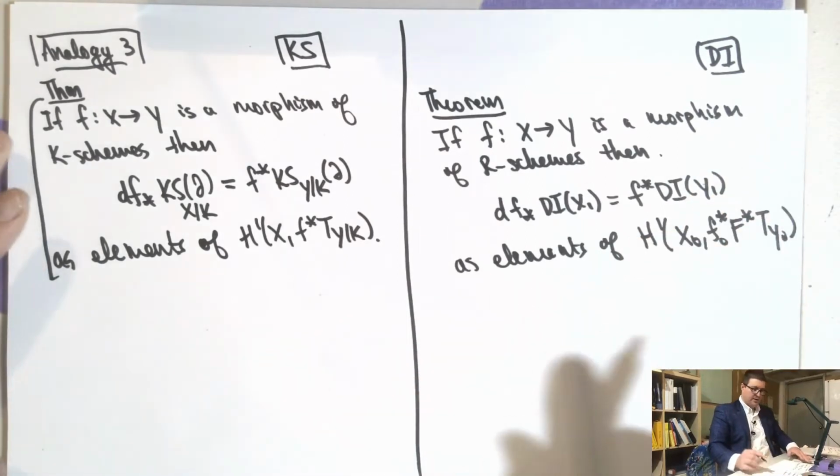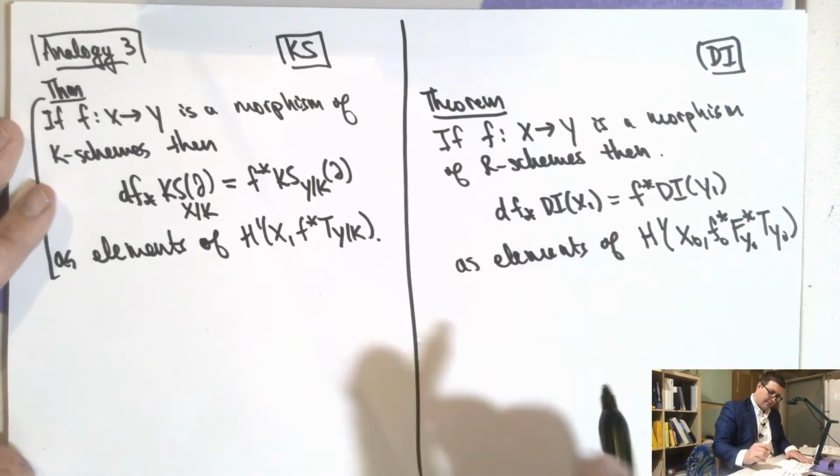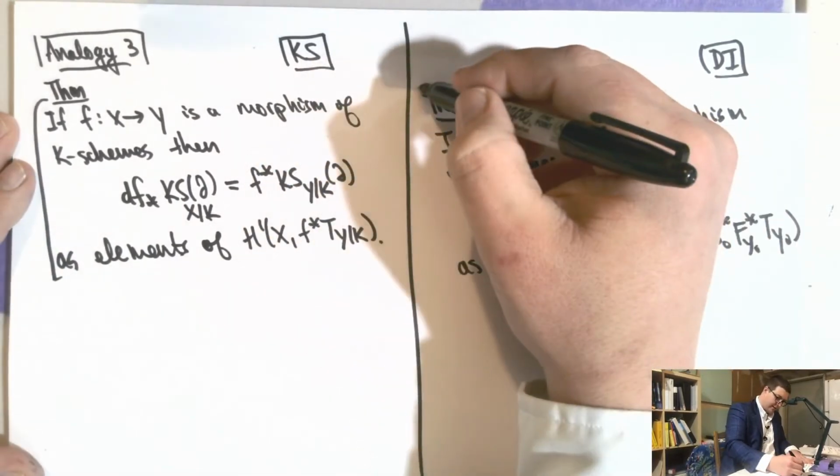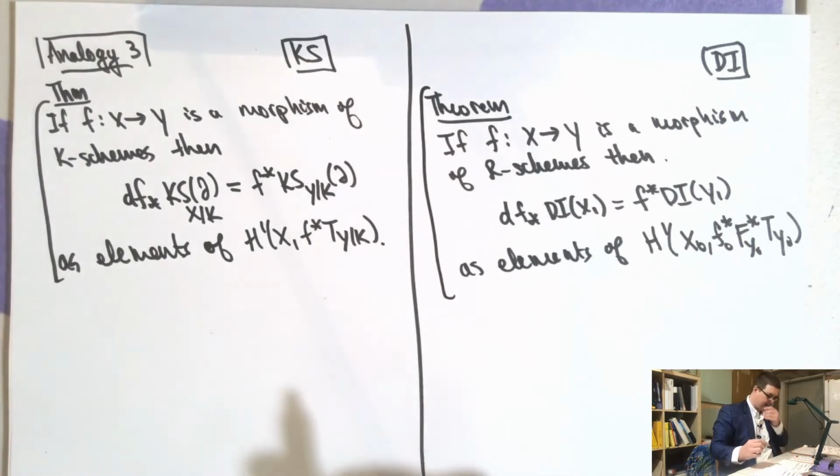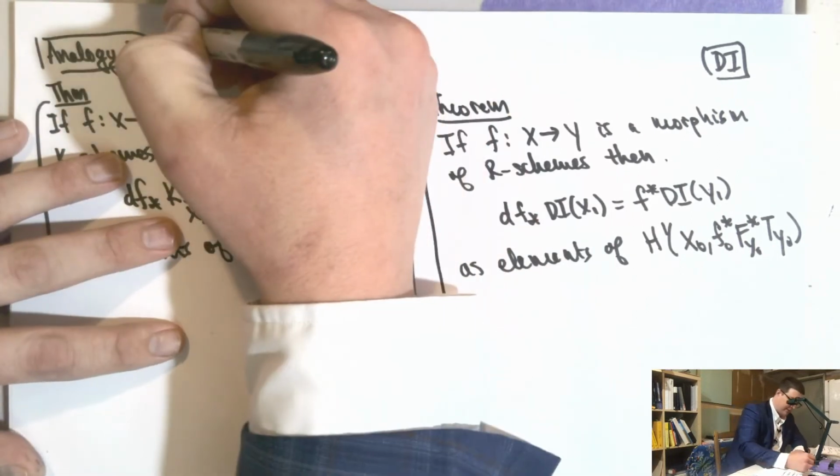Okay, so I guess I could put a Y0 there if we want. Okay, so there is this. This is the key compatibility.